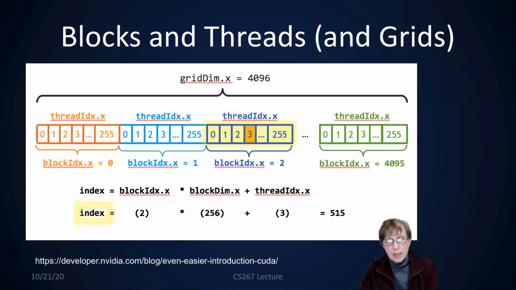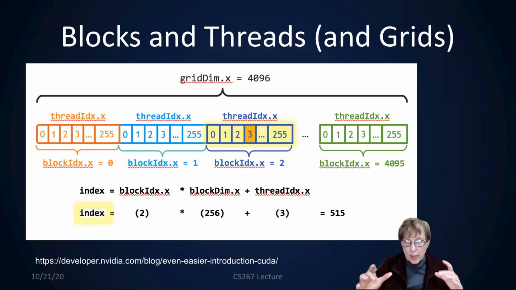And then I add onto that my threadIdx.x, which says my relative offset, where I am inside of this thread block. And so this index expression here will give you this element of the array, the index 515. And it's important to realize that CUDA is providing you with these indices: your thread ID, it's telling you how many threads are in a block, and it's telling you what your block ID is.